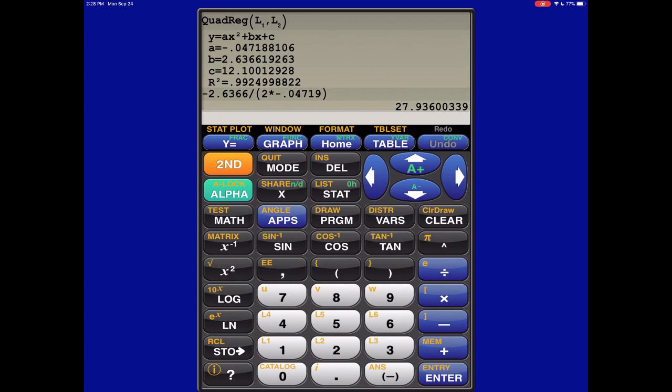So that is going to be negative 0.04719 times 27 squared plus 2.6366 times 27 plus 12.1001.